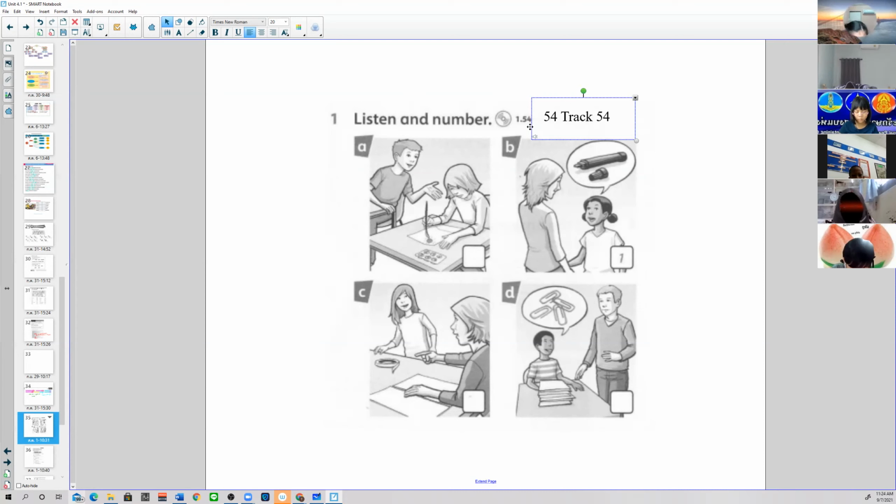Lizzie, can I borrow your paintbrush, please? Oh, sorry. I'm using it. Never mind. Number 4. Mr. Taylor. Yes? Can I have some paper clips, please? Oh, sorry. I haven't got any.